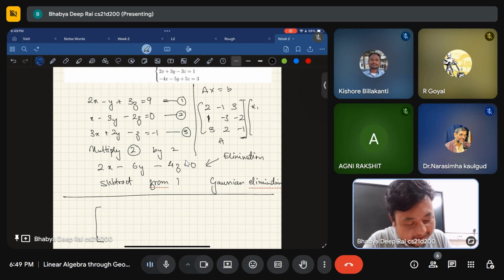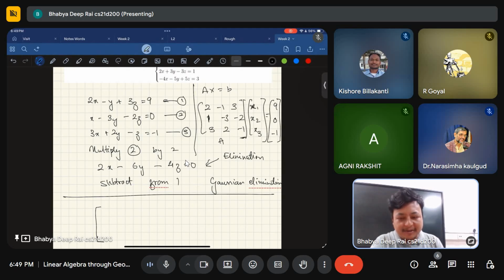Then we have this vector, which is the unknown vector, which is equal to B.